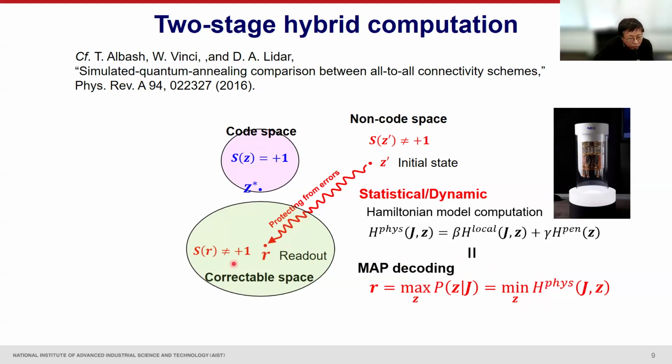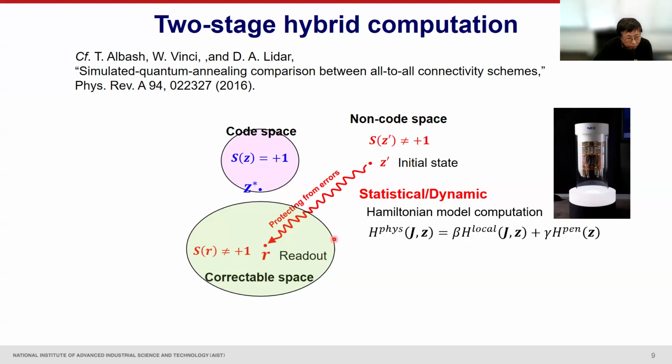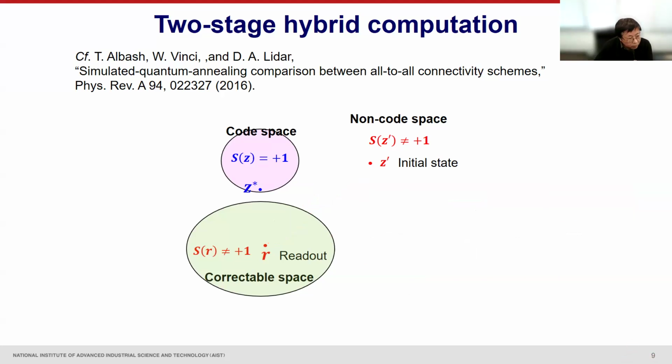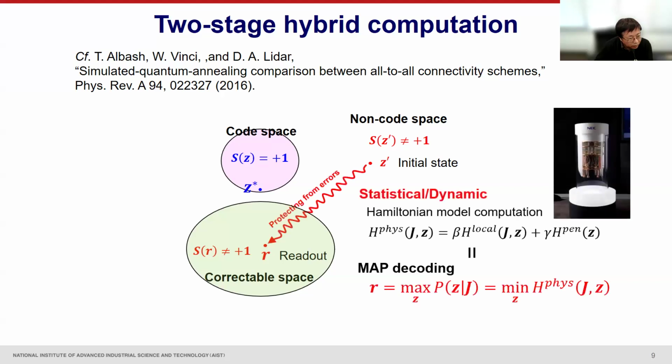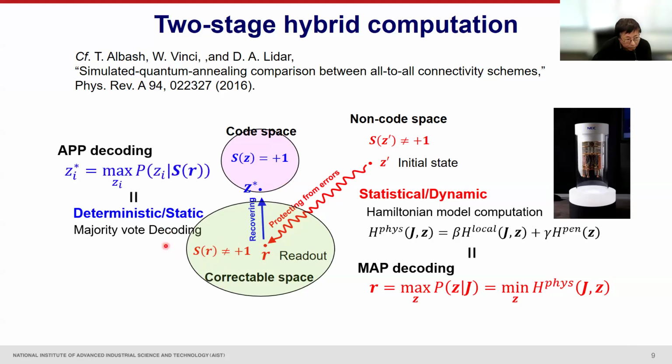However, R may contain errors with respect to the target states. In the second stage, we recover the correct inferred state by majority vote decoding, which is a posteriori probability decoding given by Massey.